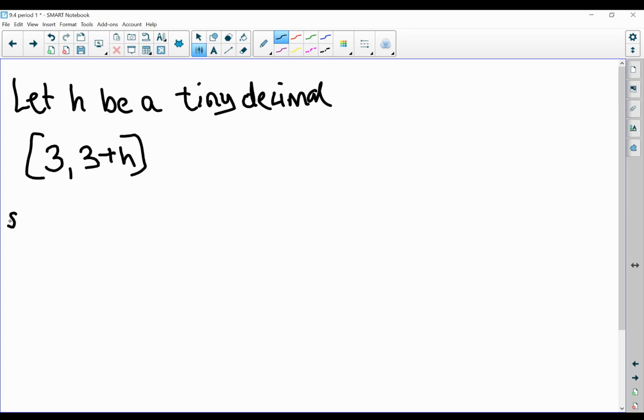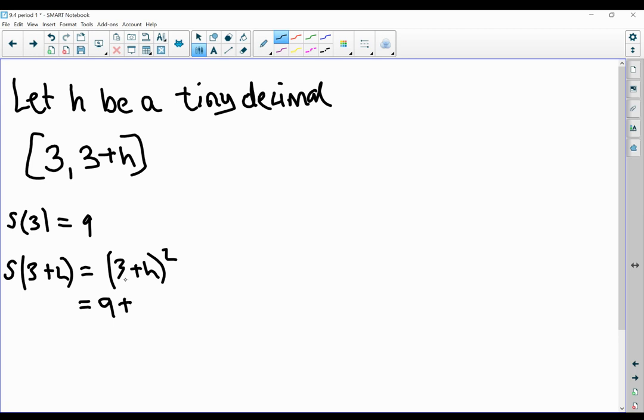So I find my position at 3, and my position at 3 plus h, which I would have to plug 3 plus h into the function given, and I could just distribute that out. Square, double, square. It's my little trick for squaring binomials.